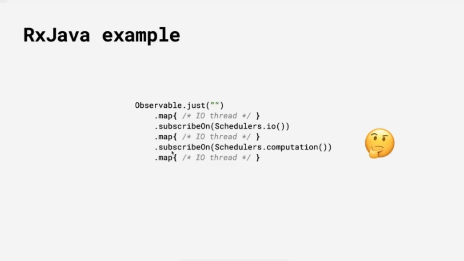As you can see over here, even if you call subscribeOn again as computation thread, the next map will still run on IO thread, which is super confusing unless you know RxJava in much more detail. And this causes a lot of problems for beginners and also for debugging.